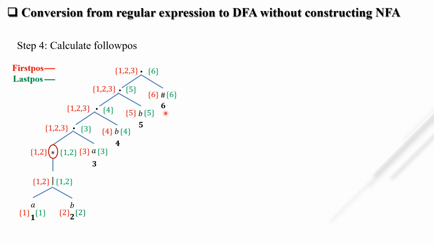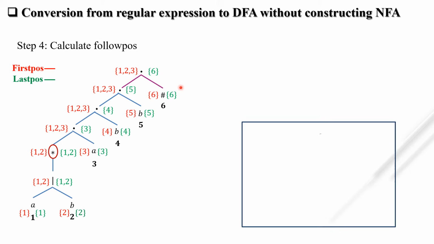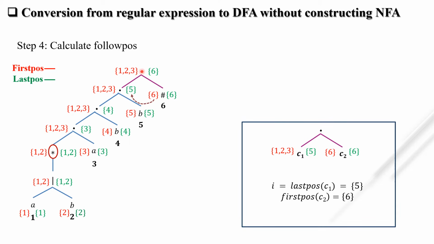So let's take this one to find the follow position. To find the follow position for the concatenation symbol, which arrow do we have to select? This one. The first position of C2 is put in the follow position of the last position of C1. Similarly, for this concatenation symbol, what do we do? 5 is put in the follow position of 4.